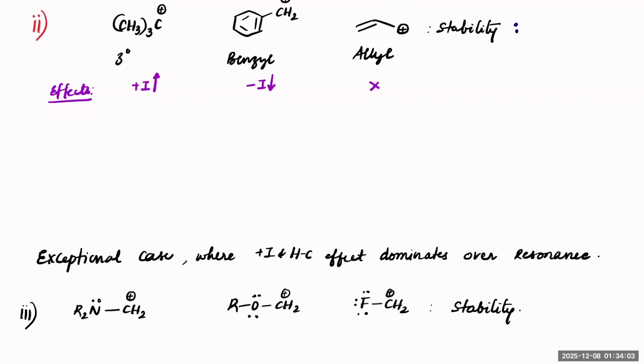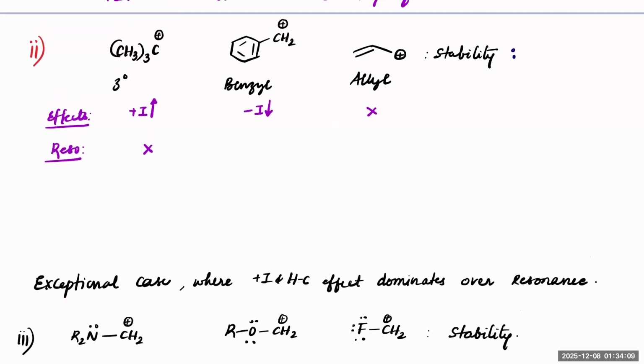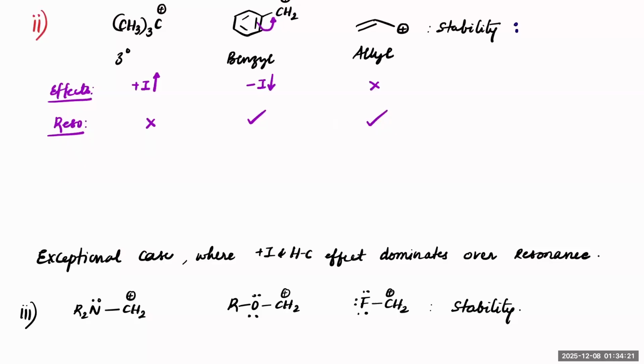Second, resonance effect: there is no resonance here. But in benzyl, the pi bond can move so that the positive charge keeps moving across the benzene ring, so sufficient resonance happens. Allyl also has resonance happening.